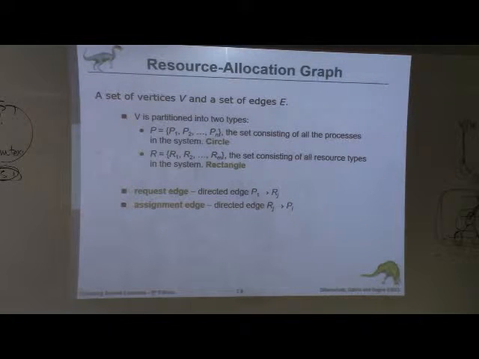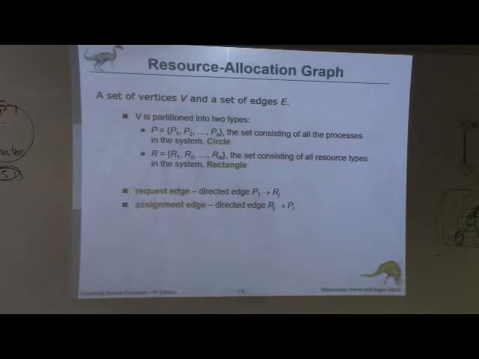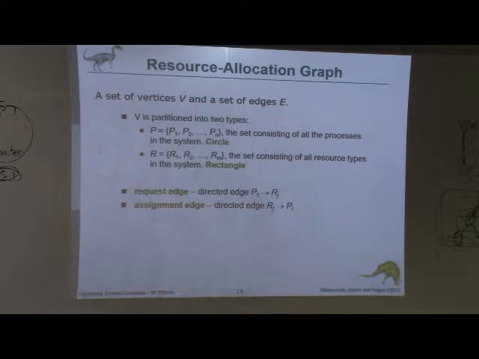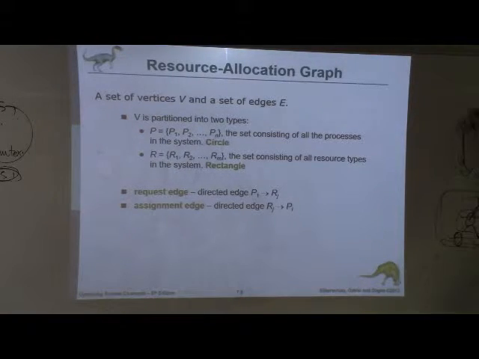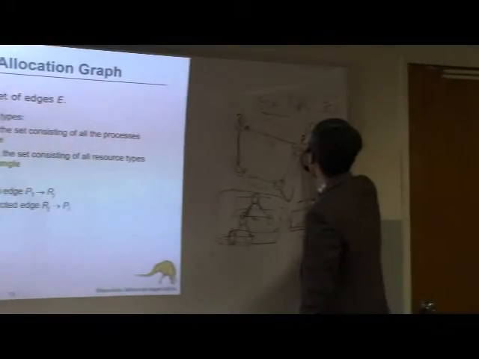P plus R is the number of nodes, and also there are two types of edges, but actually we don't have to separate them. The edge set consists of request edges. E is a directed graph, so this is P1, this is R1.